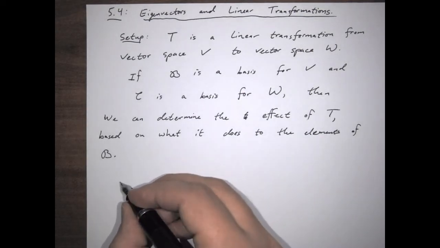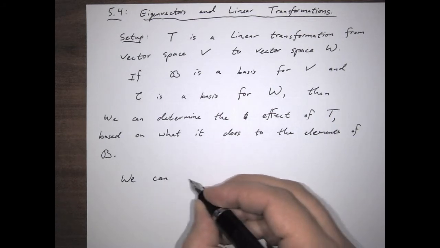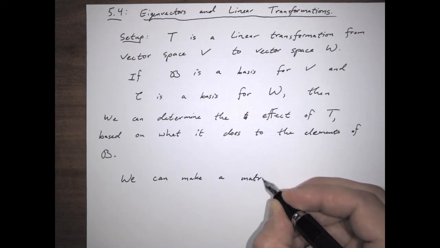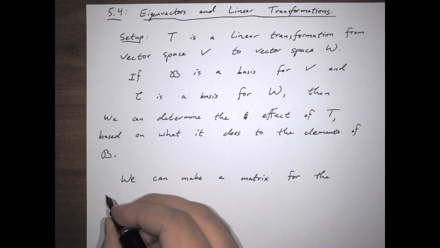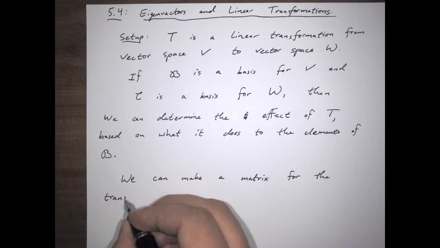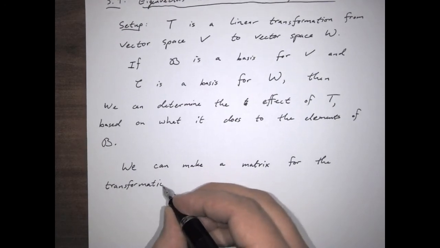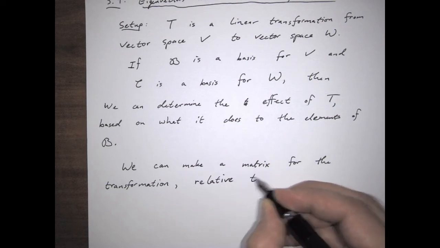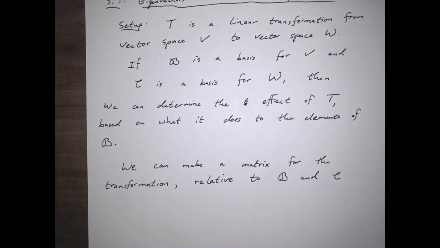So in particular, we can make a matrix for the transformation relative to B and C as follows.